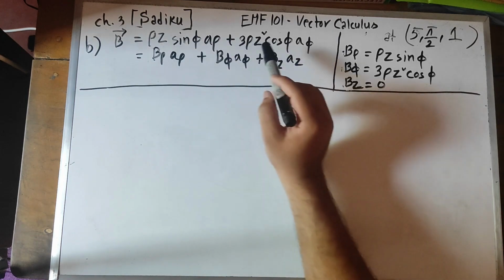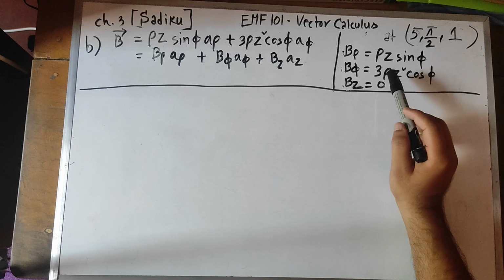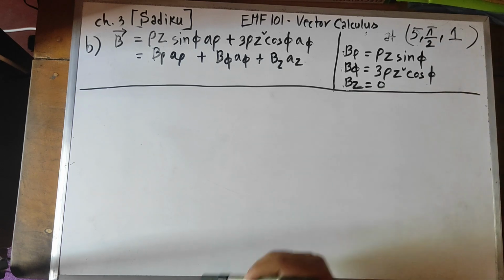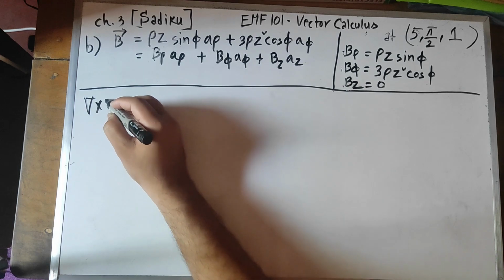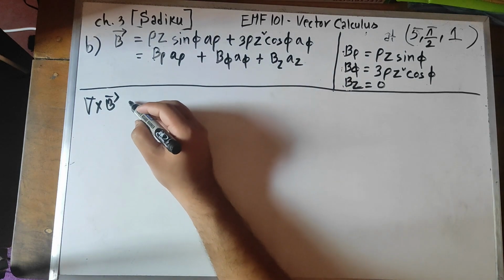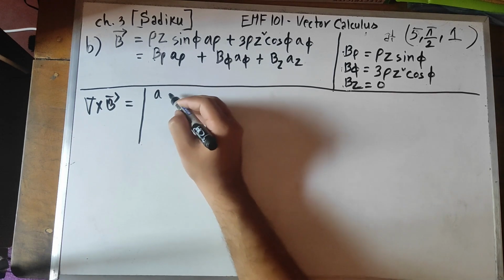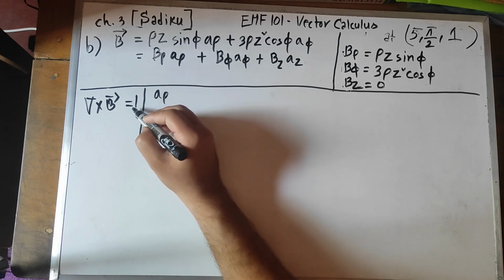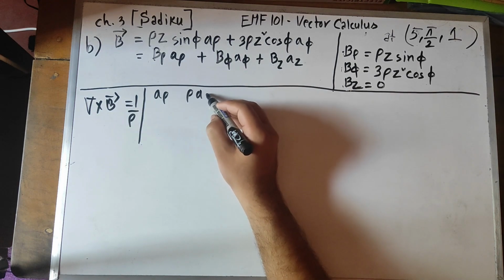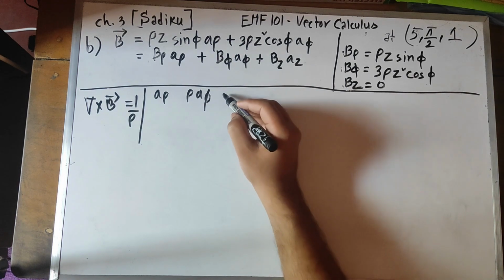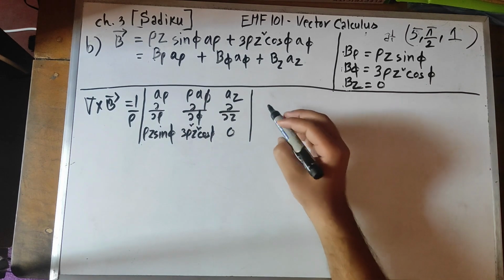So this is our second vector field, and its corresponding components. We have to find the curl at this point. So the vector multiplication with the del operator: a rho, 1 by rho, a phi, az, cos phi and 0.